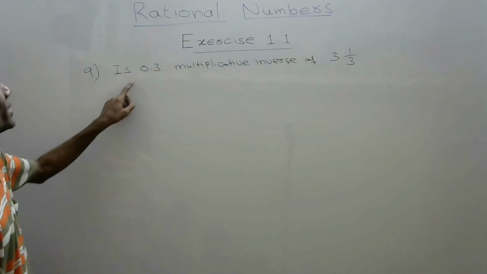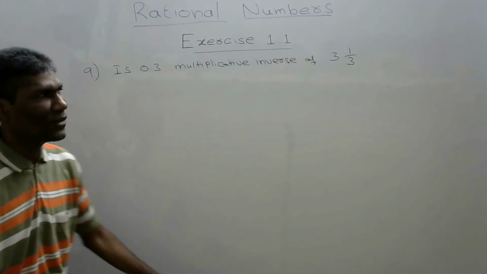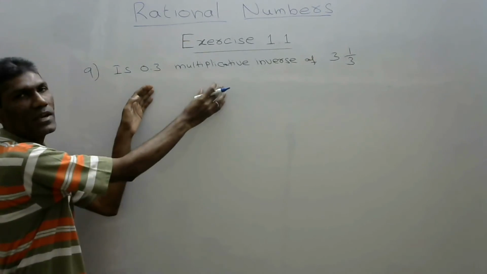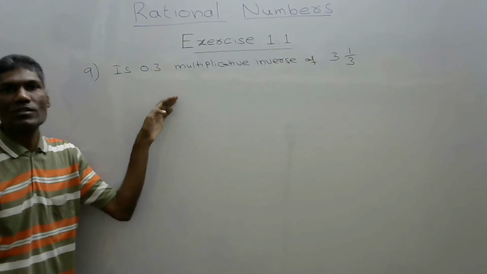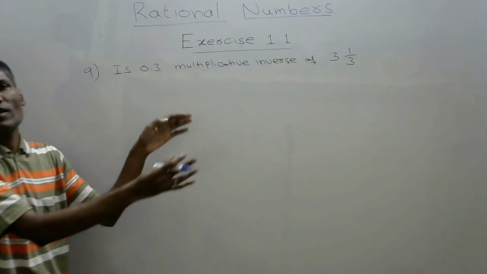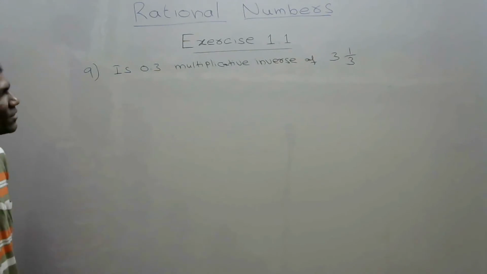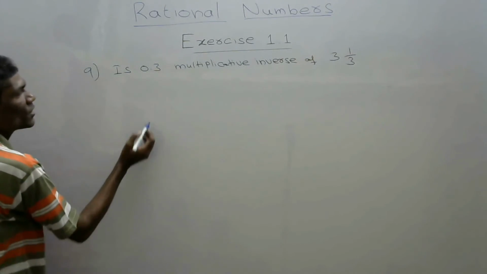Now, is 0.3 the multiplicative inverse of 3 1 by 3? How to check? Just multiply these two numbers. If the product is 1, then they are multiplicative inverses of each other. First, take 0.3.